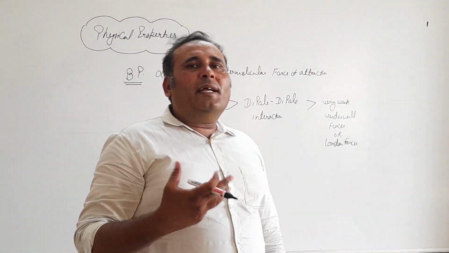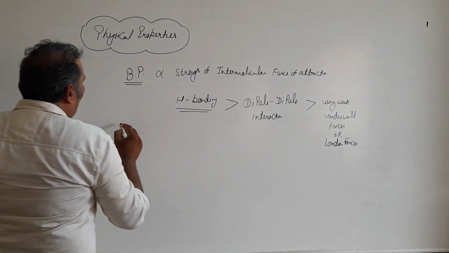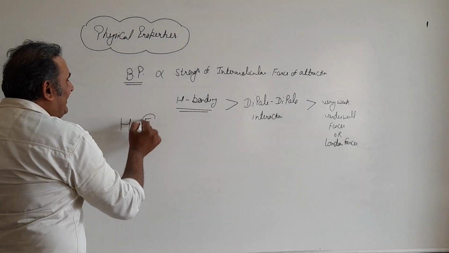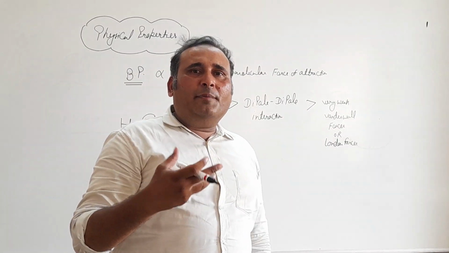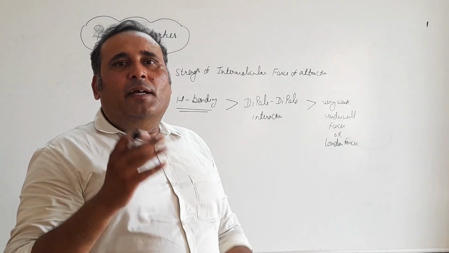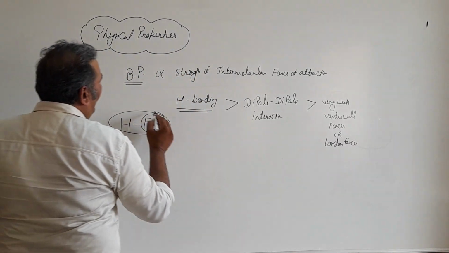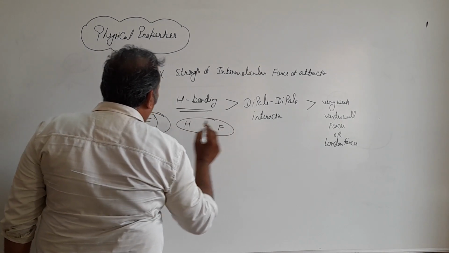If we talk about hydrogen bonding, take HF. Fluorine is present and the fluorine atom is the most electronegative atom. It is capable of forming hydrogen bonding. So first molecule of HF, second molecule of HF.